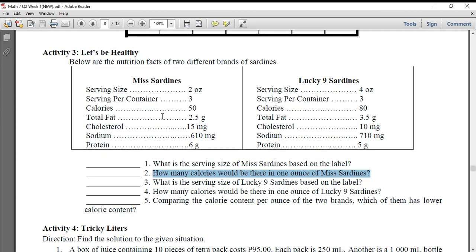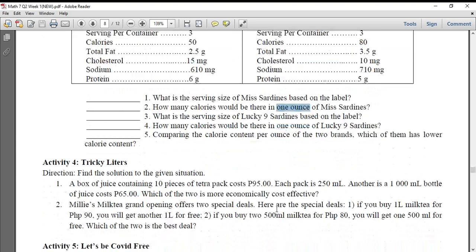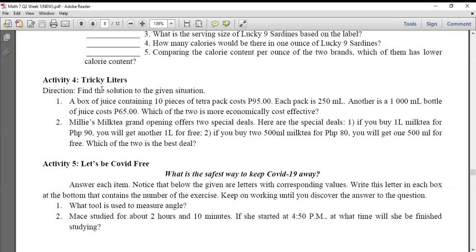How many calories? Okay, 50 calories pero in 1 ounce lang. So, apply nyo rito yung rate. Diba? So, 2 ounce is 50. Diba? Ang tanong dito, 1 ounce lang. Okay? So, ayan. Sa activity number 4, okay, 3 kiloliters.